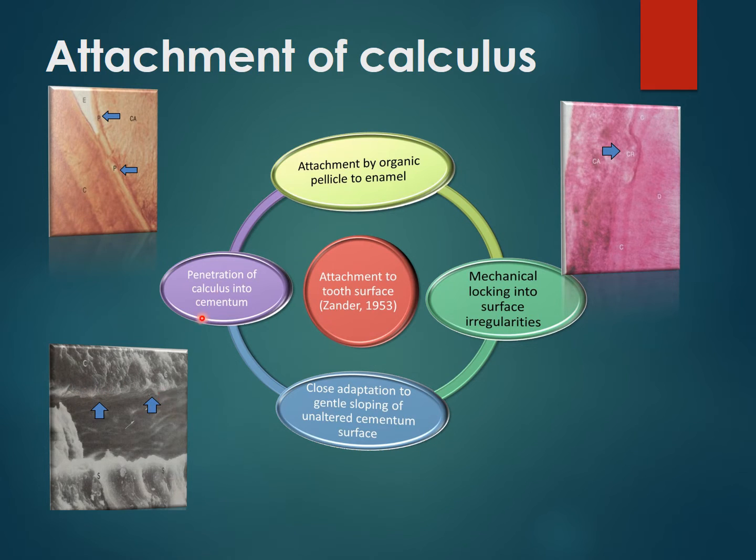These are the four modes of attachment: enamel mainly by organic pellicle, and cementum by organic pellicle, mechanical locking into surface irregularities, close adaptation to gentle sloping of unaltered cementum surface, and penetration of calculus into cementum.